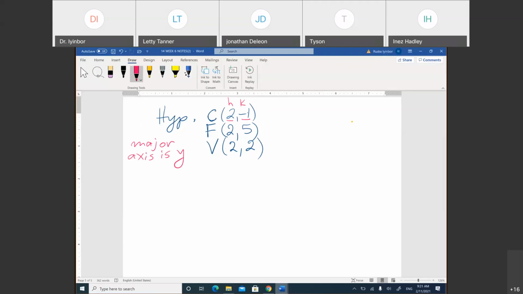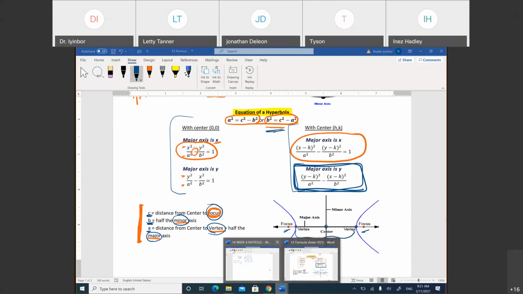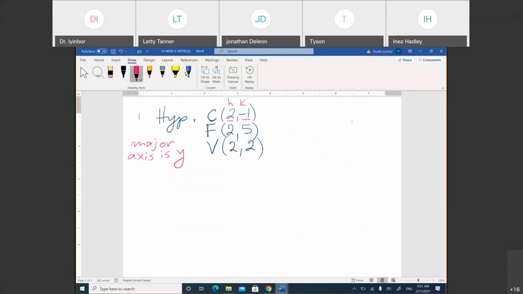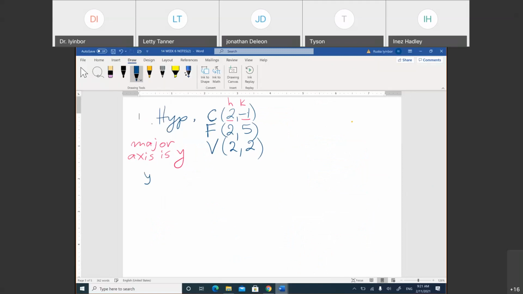So now I'm going to pick this equation here, the one down here. Major axis y, center h and k. So I'm going to copy that. My answer is going to be y minus k squared over a squared minus x minus h squared over b squared equals 1.